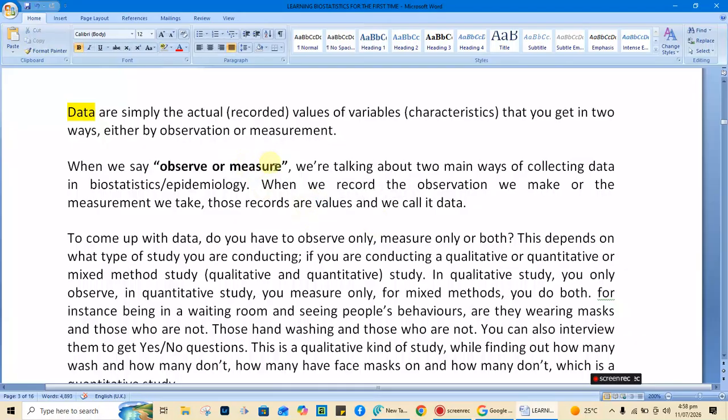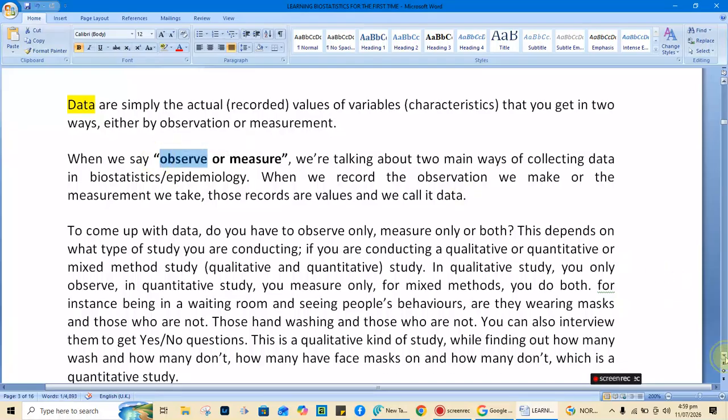That is quantitative data, and you collect it through measurements. If you want to find out how many patients suffer from high blood pressure, you use that. But questions that deal with attitude, behavior or practices of people, you observe, and that is qualitative data.